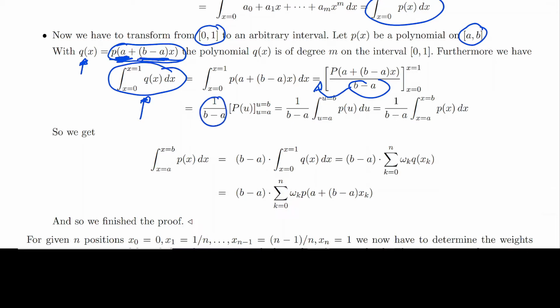Then we have that, and instead of x is 1 and x is 0, if you use 1, you get p of b. So instead we can formulate like that. And if you ask for x is 0, then this is a. So instead we can write the antiderivative of p at the position a. And if you see that, then you know this is this integral with that factor.